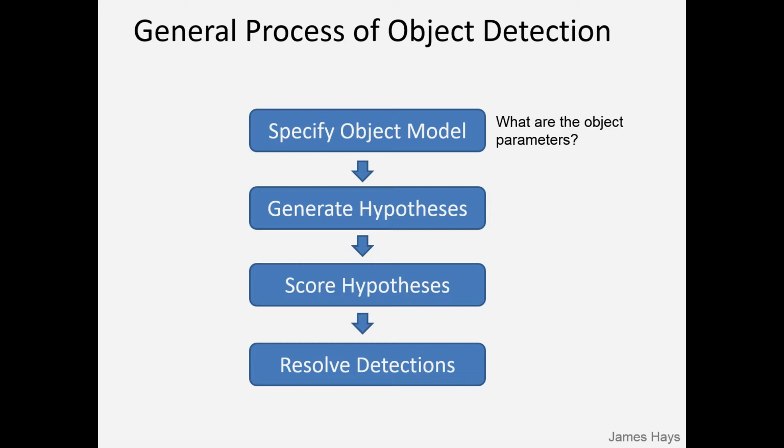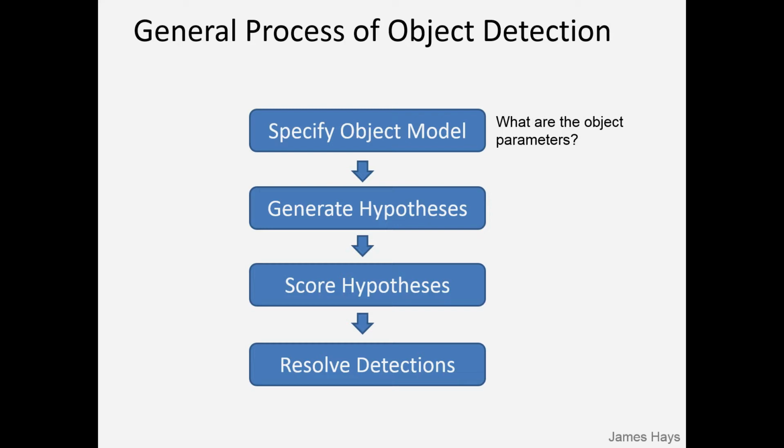This is a high-level paradigm for object detection. First of all, we should specify what kind of model we want to use, and we want to generate some hypotheses, which are where exactly you believe there will be objects. Then you want to put a score on the hypotheses, how likely there is actually an object there.